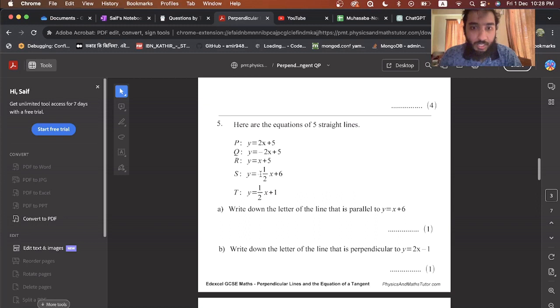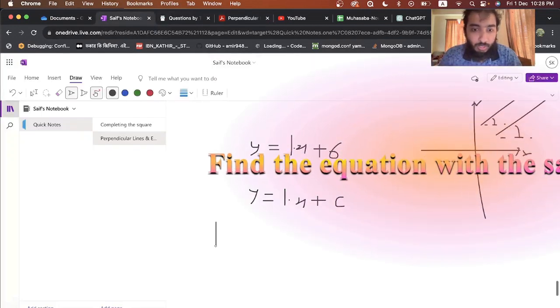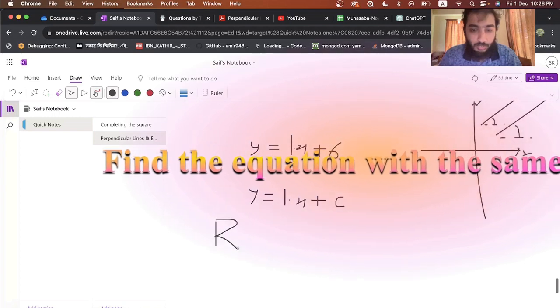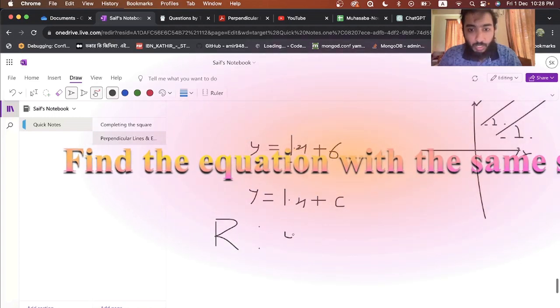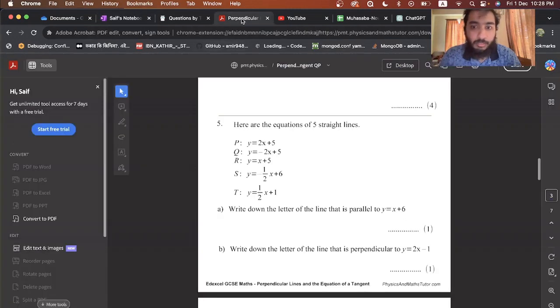So if we look at these equations, which equation has a slope of 1? This one, y equals x plus 5. The equation of R is y equals 1 into x plus a constant, which is 5.